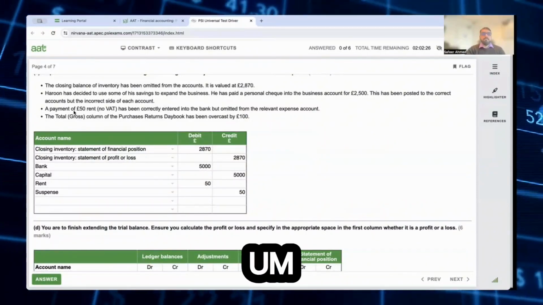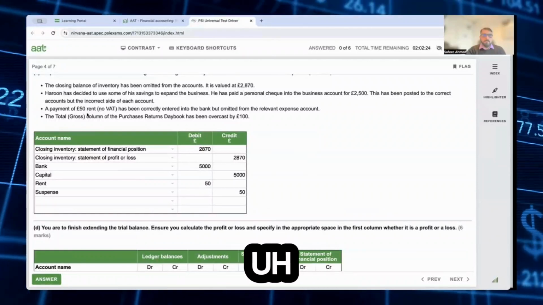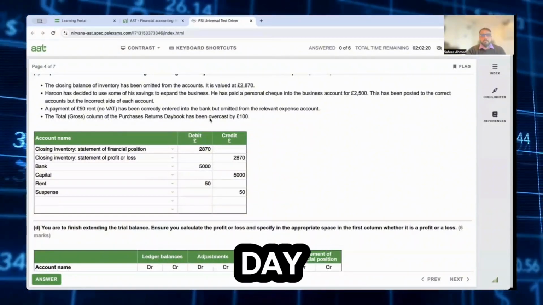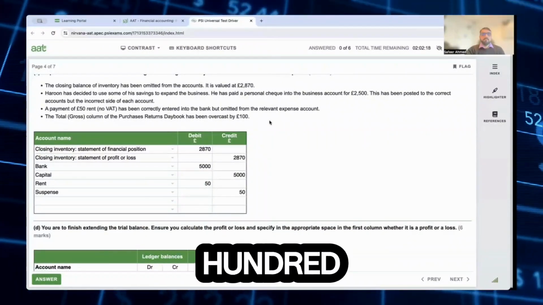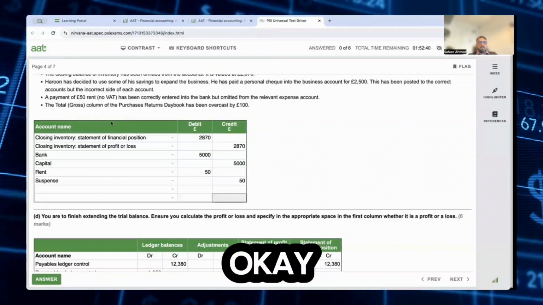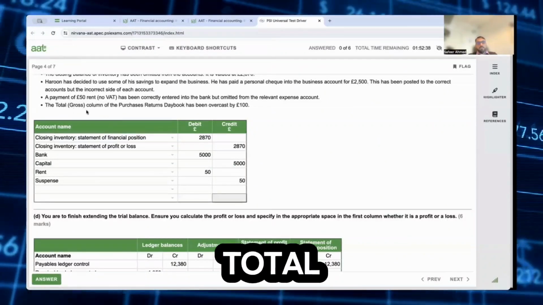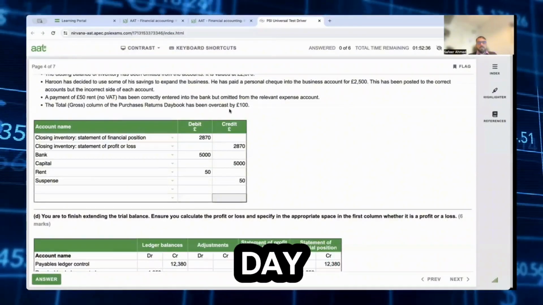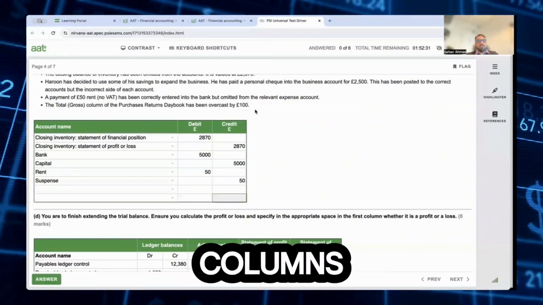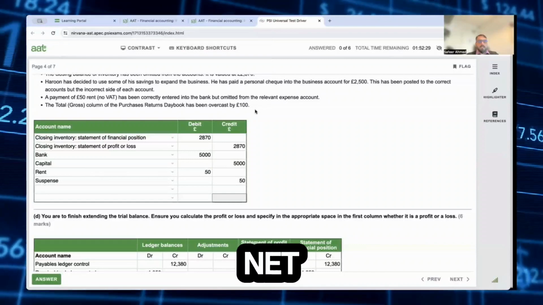Okay, the last adjustment we need to make here: the total gross column of the purchase return day book has been overcast by 100. Now, purchase return day book has 3 columns, as you know: gross, net and VAT.